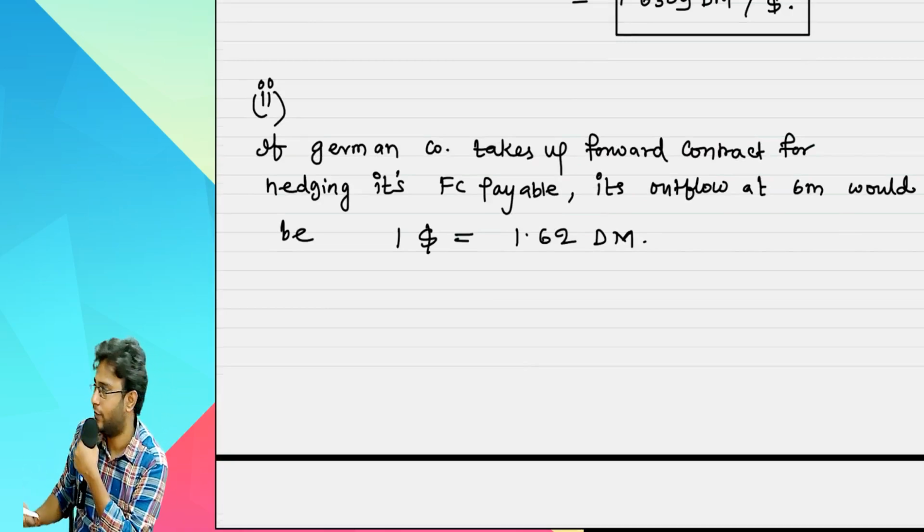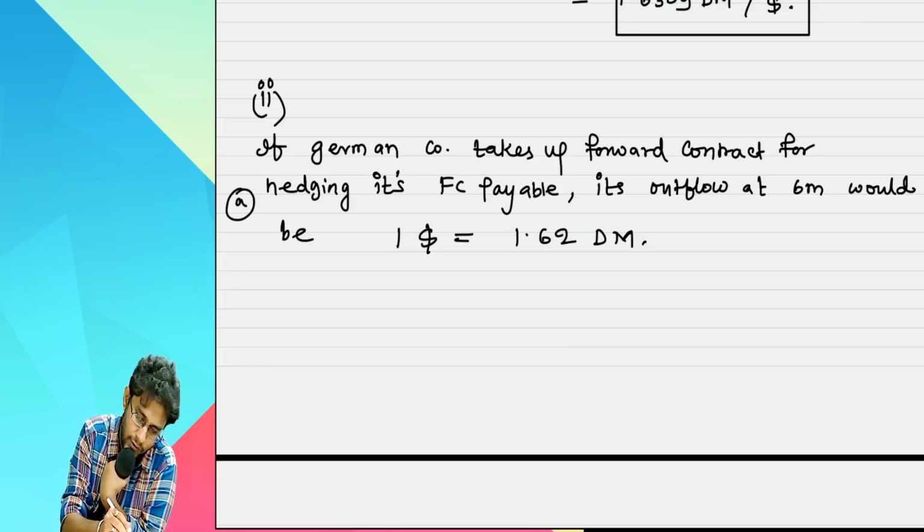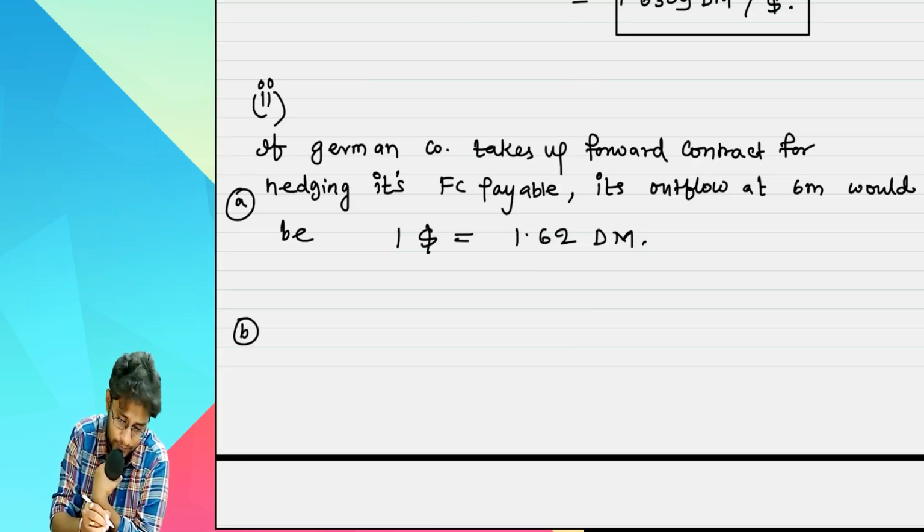Of course, the per dollar fall also works out, not required. Leave it. This you call it as A. B point.